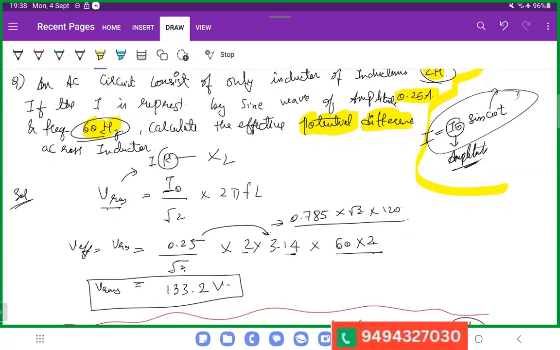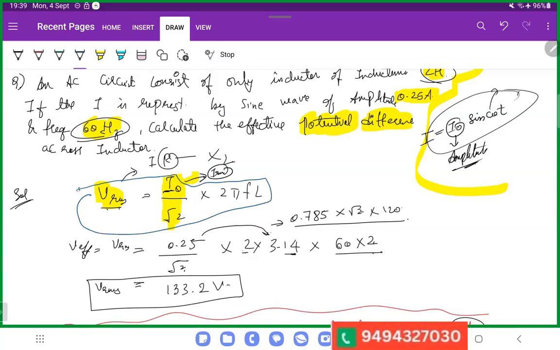So V equals IR, and I naught by root 2 converts the peak value into the IRMS value. This is the formula of the conversion.